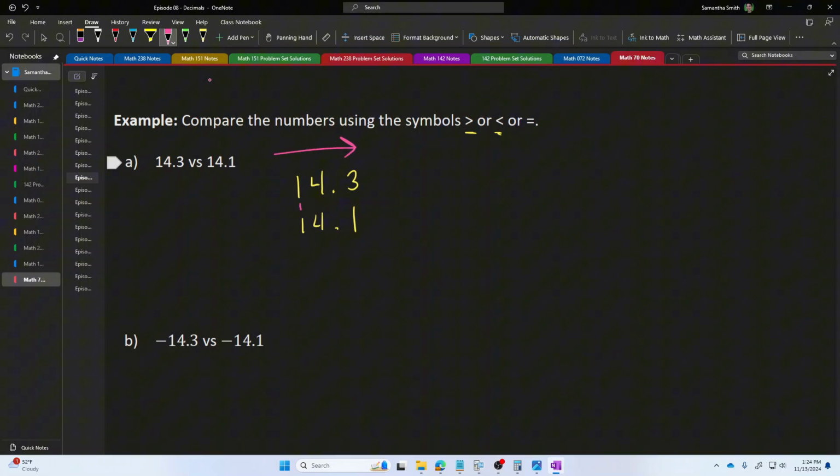They have the same number of tens, they have the same number of ones, but the number of tenths is different. This first value has 3 tenths, whereas the second value only has 1 tenth. And so this number, having the larger amount of tenths, would be the larger number overall. And the alligator mouth would point toward that larger value.